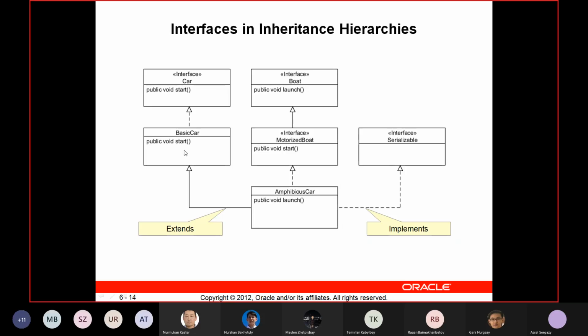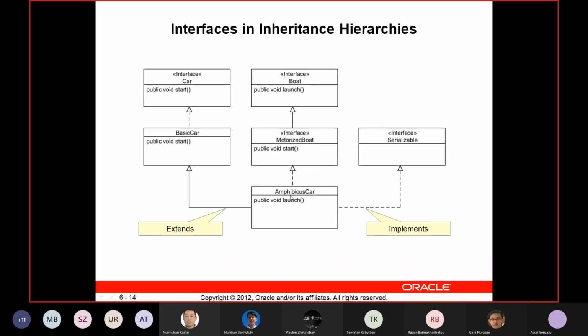So you can say that this is an interface because it's a dashed line. Then between these is inheritance. Even for interfaces, they can use extend, but this one is implements.